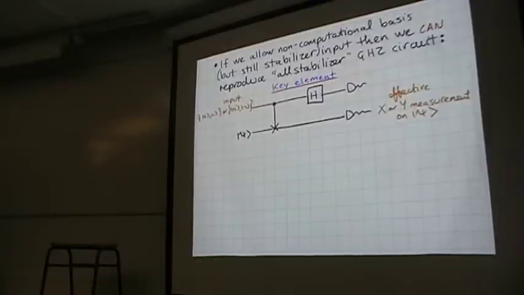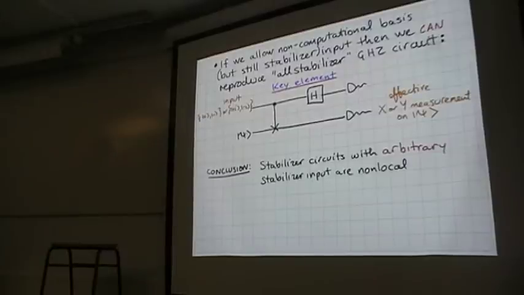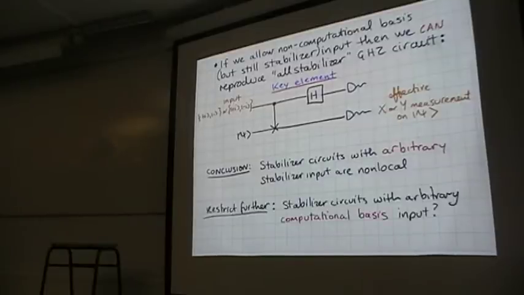So I failed to even come up with a local hidden variable model for stabilizer circuits with inputs that are stabilizer states. Even arbitrary stabilizer input circuits are non-local. But what I'm going to do is restrict even further. I'm going to say, let me take stabilizer circuits with arbitrary computational basis input.